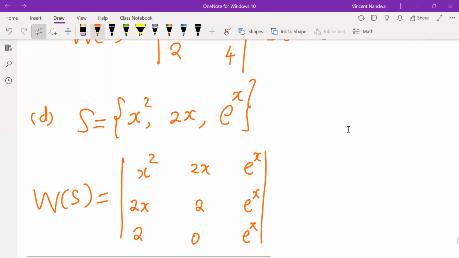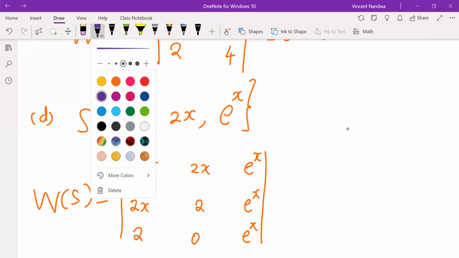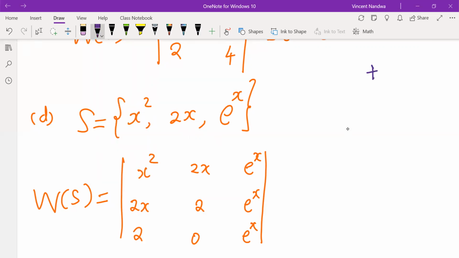Now, this is a 3 by 3 determinant. So if you remember from linear algebra, the checkerboard sign pattern, it will be easier to expand either along the second column or the third row. So along the third row, you'll have this 2 times the sub-determinant formed by deleting the column and the row.